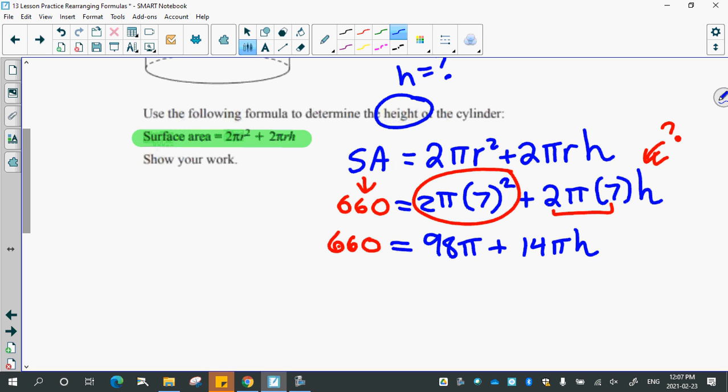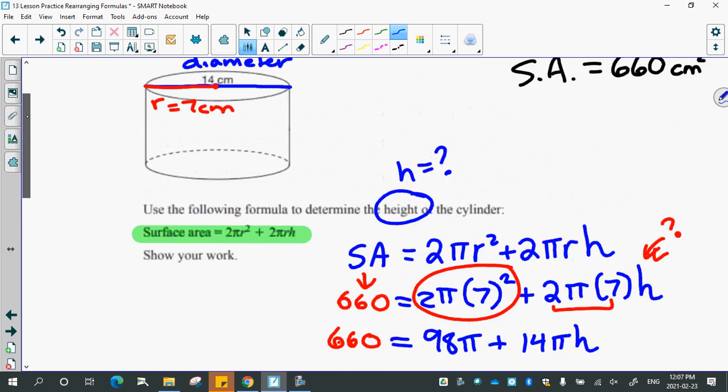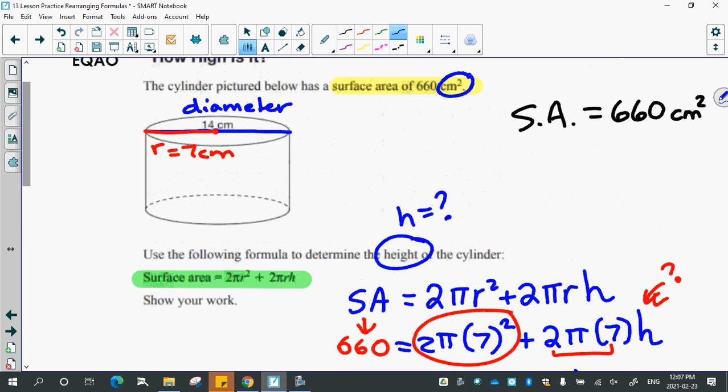I'm following the formula. You're asking why there's not a square on the 660. I know what you're asking me why. This is just units. Those are the units. Like the units of area are square centimeters. It doesn't mean the 660 is being squared. Okay?